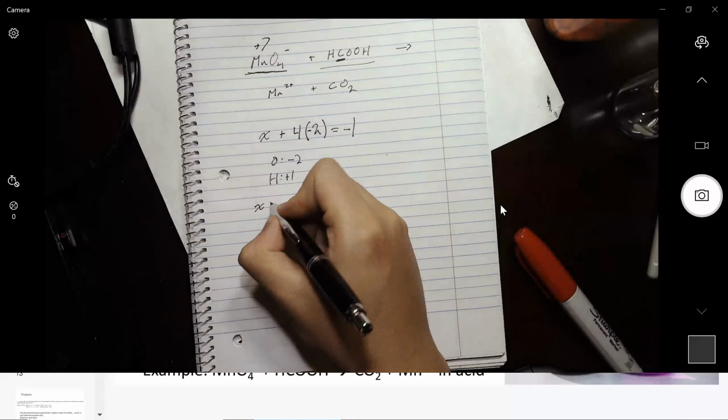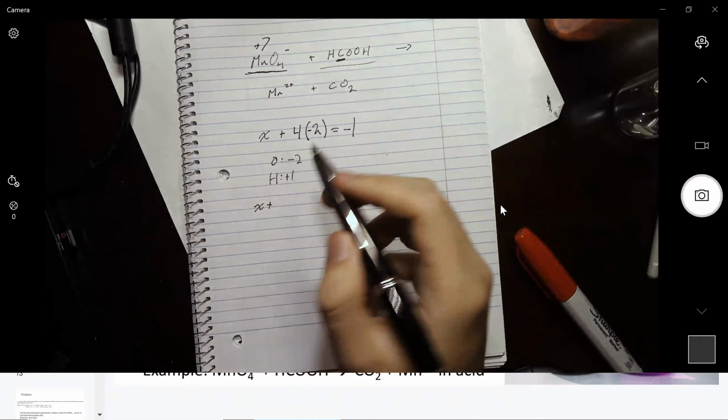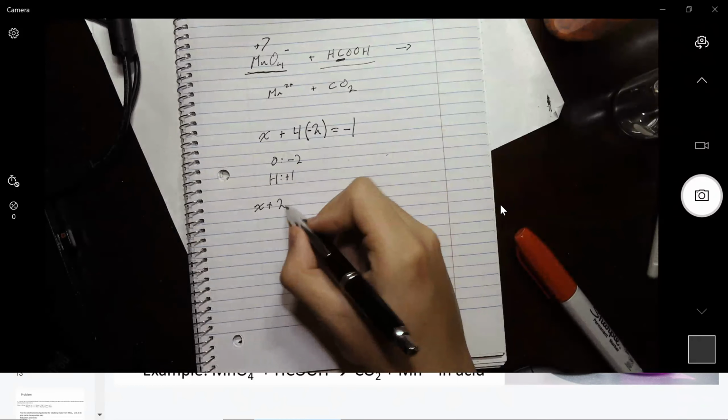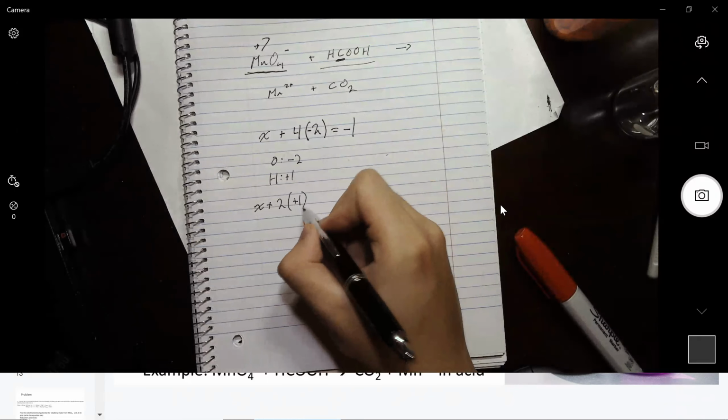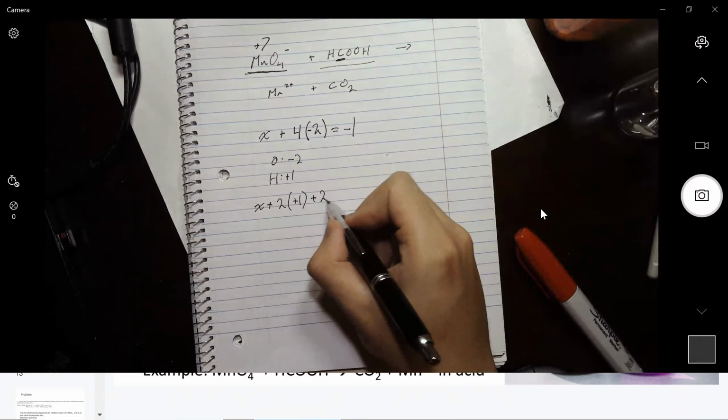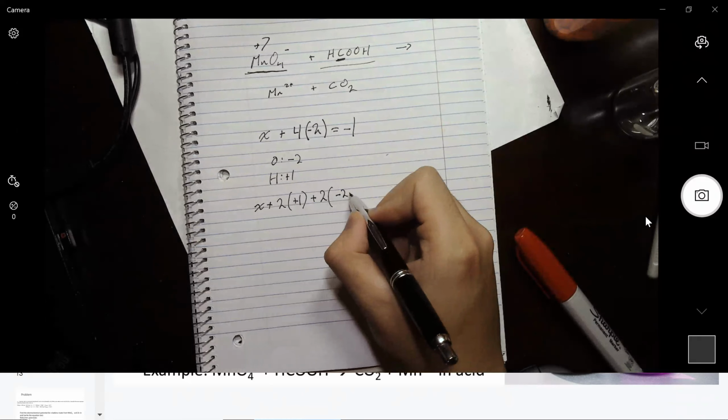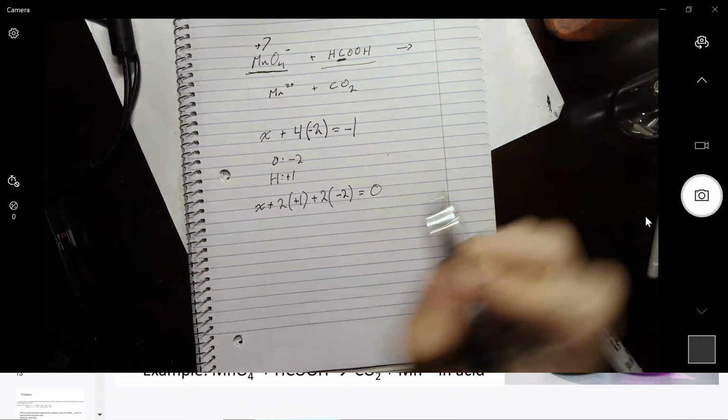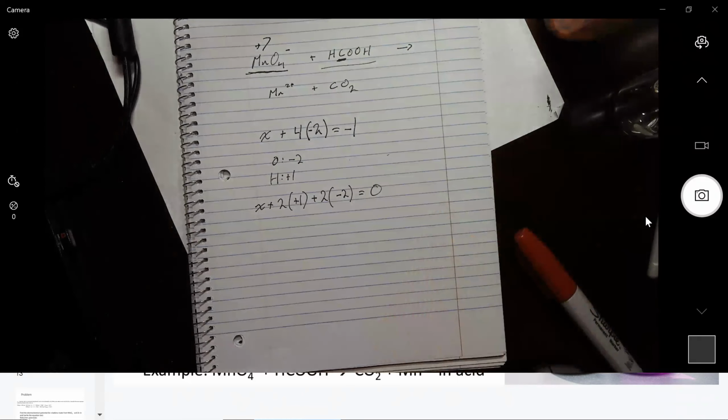X plus, so we have 2 hydrogens, and each one of them is plus 1. And then we have 2 oxygens, each one is minus 2. And then the overall charge is 0. So what's X? Right, plus 2.